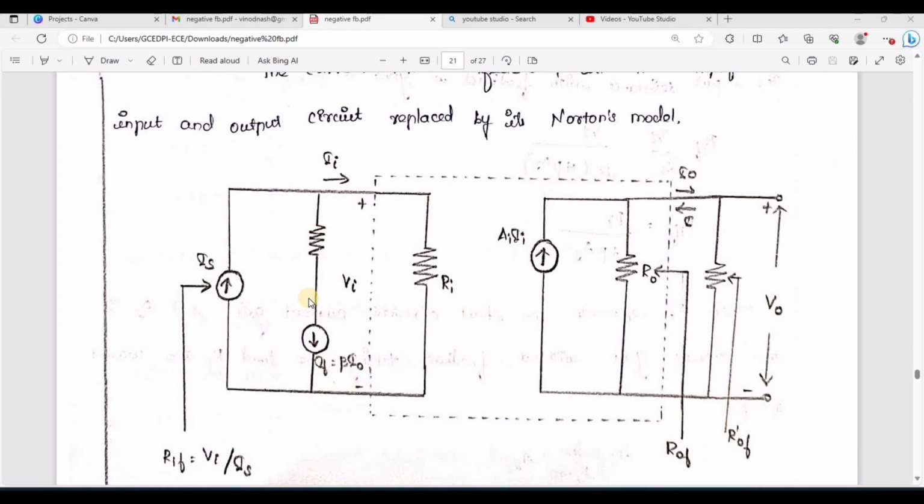The current If should flow downwards, that is If is equal to beta I0. And this is AI, since AI is equal to I0 divided by Ia, this should always be in the upward direction. A should be in parallel with R0, and this is your RL.